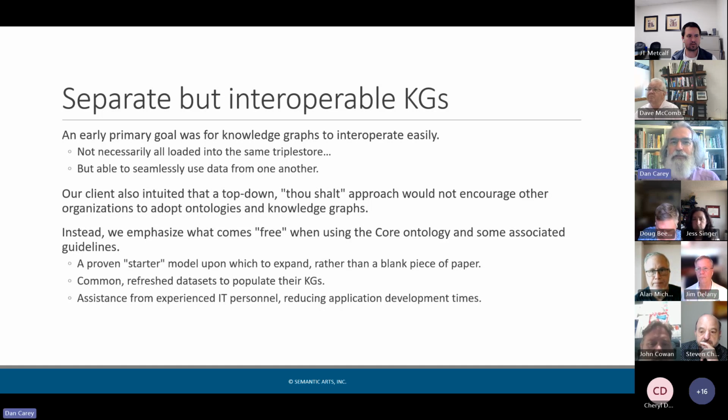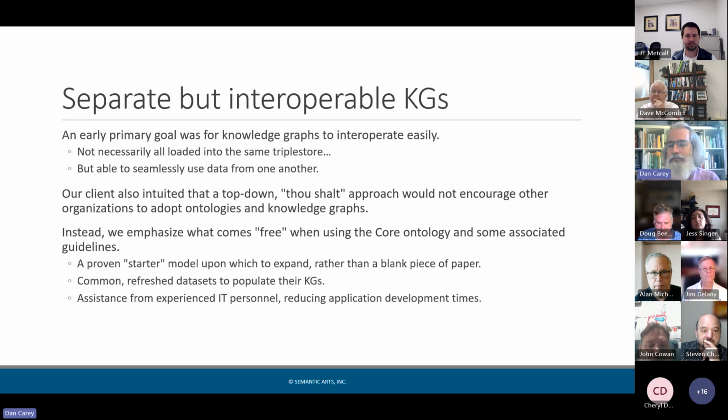And we would emphasize that there would be some common data sets that they would have available to populate their knowledge graphs, so they wouldn't have to spend time and effort and money doing those data conversions. And another really key thing is that you as a new guy would have access to some experienced IT folks who have gone through this. They know how to set up the environment. They know some of the tricks to keeping these things going, and they can help. All of that helps to reduce your application development time.